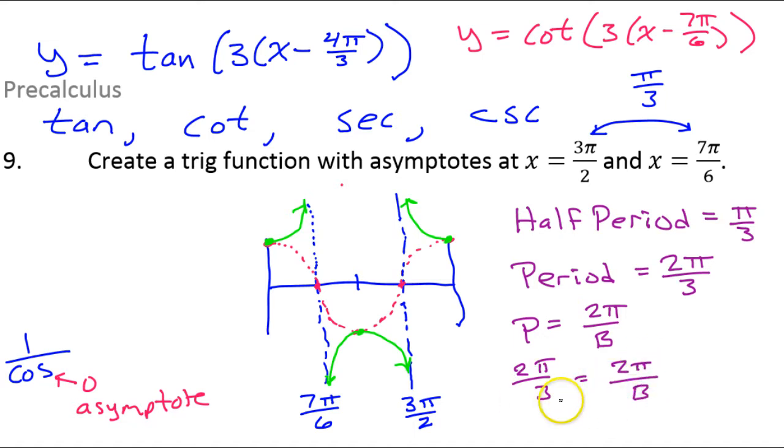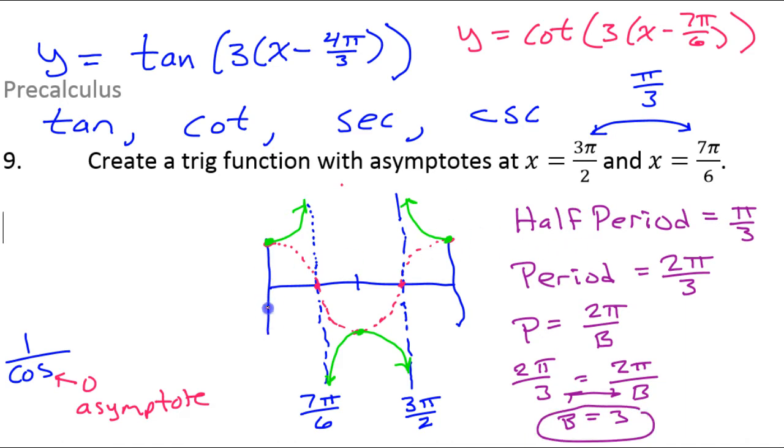Oh, look, I'm seeing a pattern. Hopefully you can see that b is 3. That's what we got the other two times. So it looks like b is going to be 3 every time. So once again I have a b value of 3, and all I need now is the phase shift.